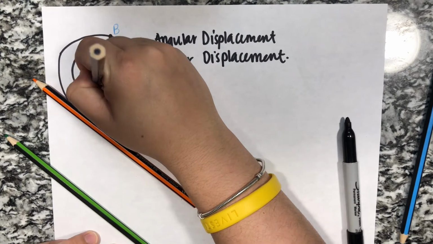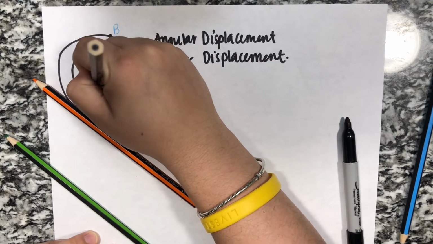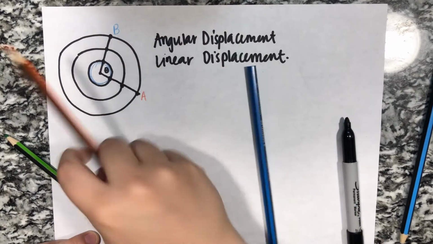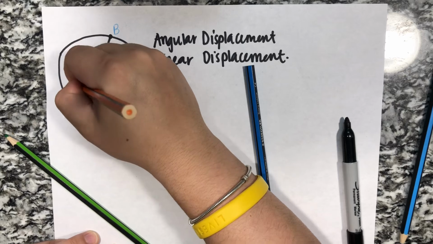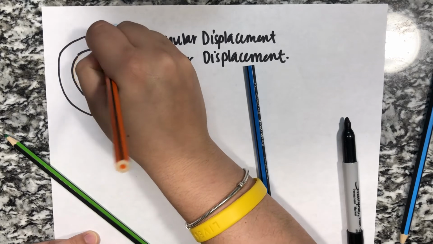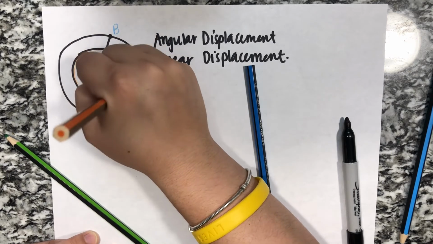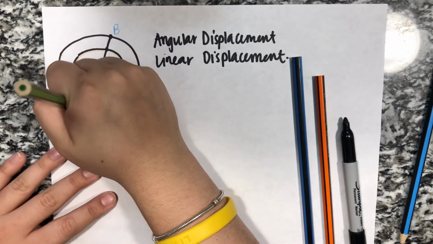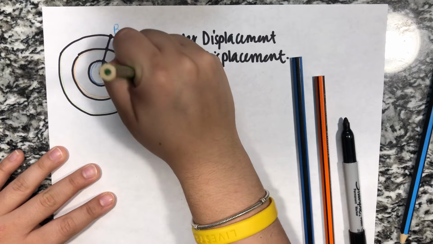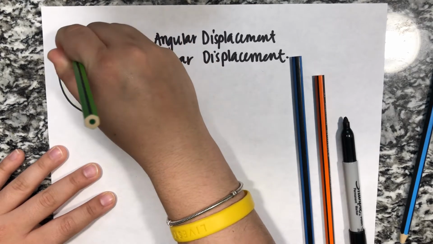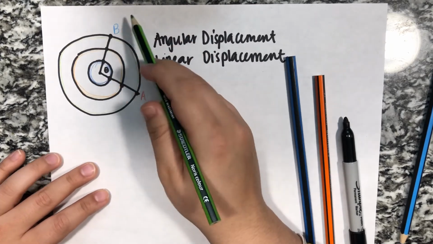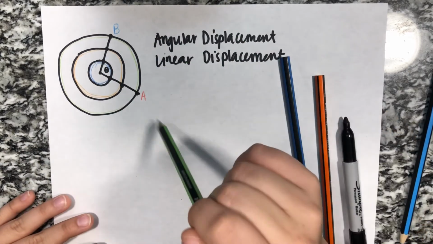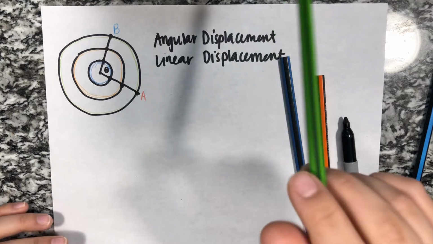This blue circle is going to be circle 1. This orange circle is going to be circle 2, and the green one is going to be circle 3. What we want to know is, for all of these circles, in going from point A to point B, what is the relationship between the angular displacement for all three? And what's the relationship between the linear displacement for all three?